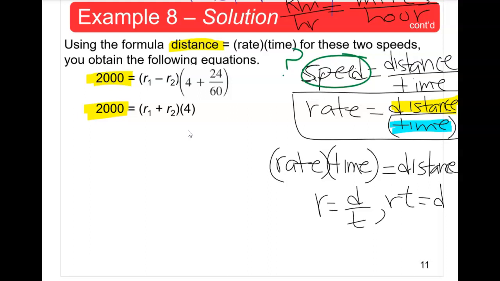Okay, so I do that because I have the distance, which is 2,000. That's the same for both. And we have the rates or the speeds. So here's against the wind.